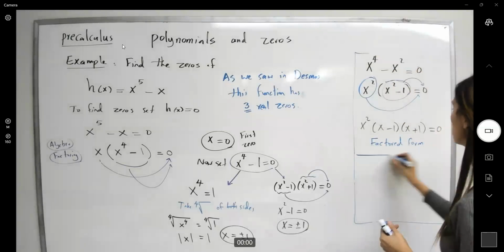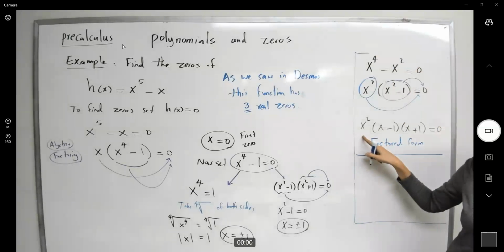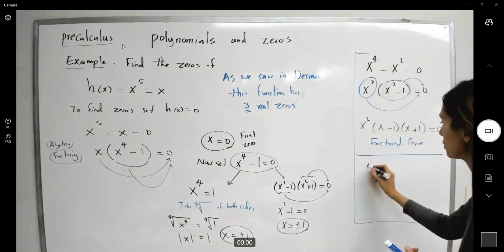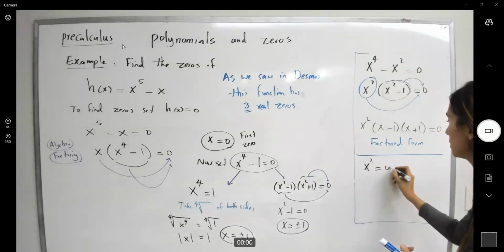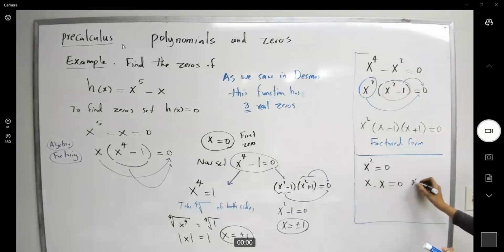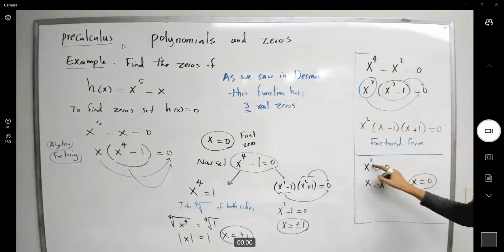So just a quick note. When you set x squared equal to 0, it means that x times x is 0. It means that x is 0, but this 0 is repeated twice.